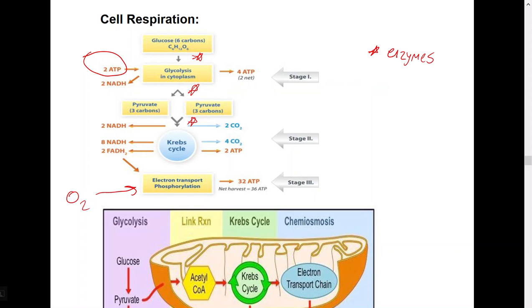Every process, as you've seen, can be regulated by some sort of enzyme, and you can relate it to a bunch of different topics. I can't guarantee that's going to be on the test, but it would make sense that it would be. Enzymes are another great way to regulate this process.